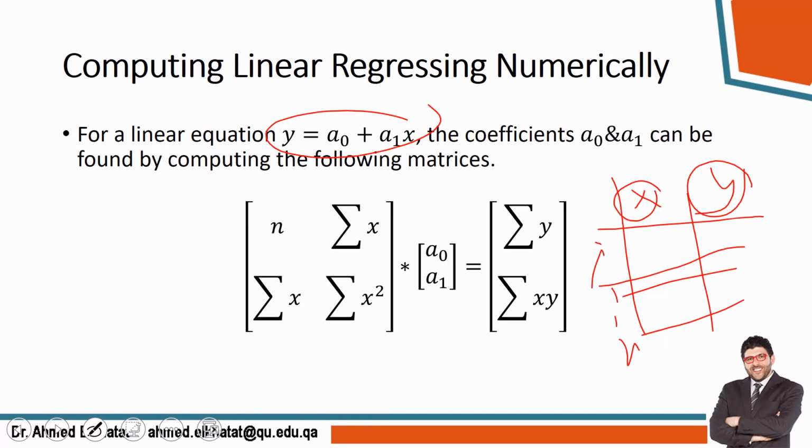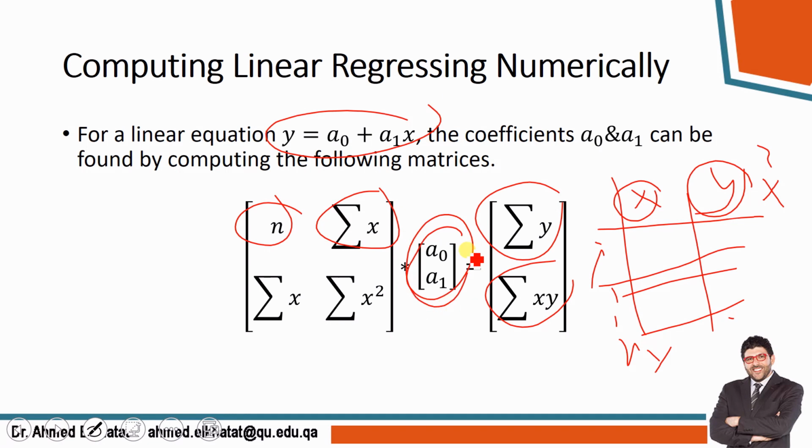If you have for example 5 or 6 points, then n will be 5 or 6, then you can find the summation of x, summation of y, and then create another cell x squared, and another cell xy, and then find the summation. Once you input them here, you can solve the equation for the two unknowns and find a0 and a1.